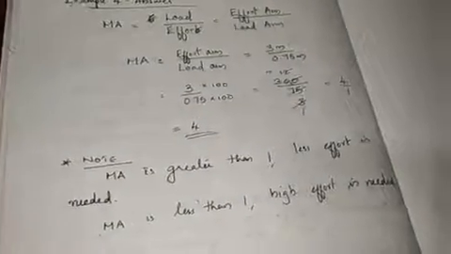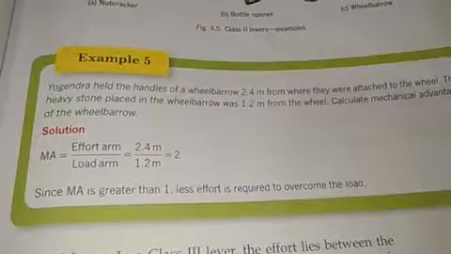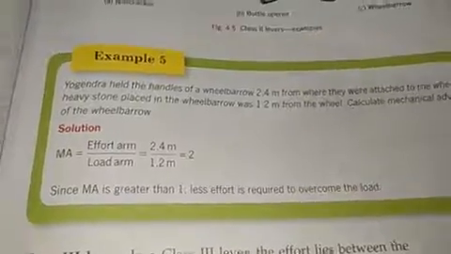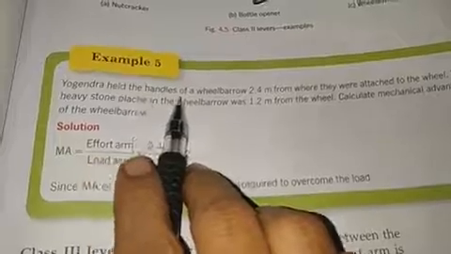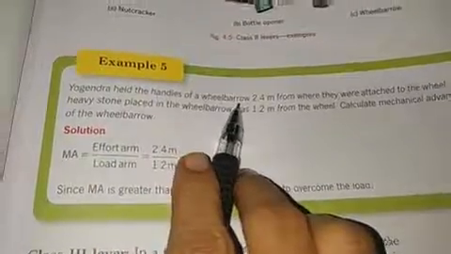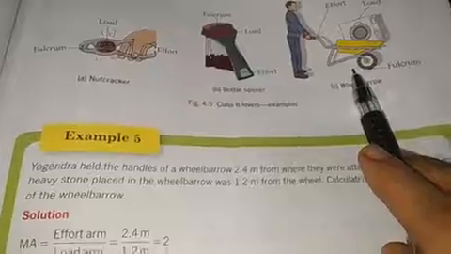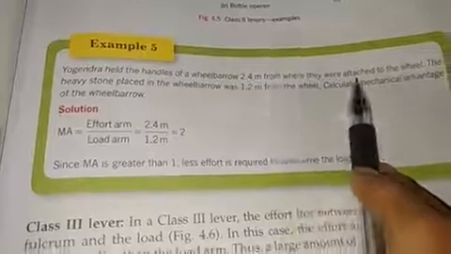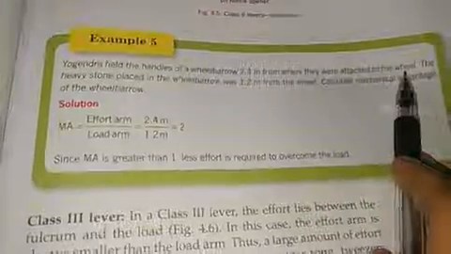Very important. Calculations, everything. Okay. Now all of you write the question. Example 5 in page number 49. Yogendra held the handles of a wheelbarrow. What is a wheelbarrow? This is the wheelbarrow. 2.4 meter from where they were attached to the wheel.